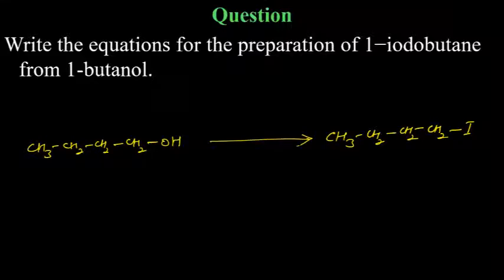How will you prepare that and which particular reaction it will be? Whether it will be SN2 or it will be SN1. Tell me in the chat window. How will you convert one butanol to one iodobutane, and which type of reaction it will be?